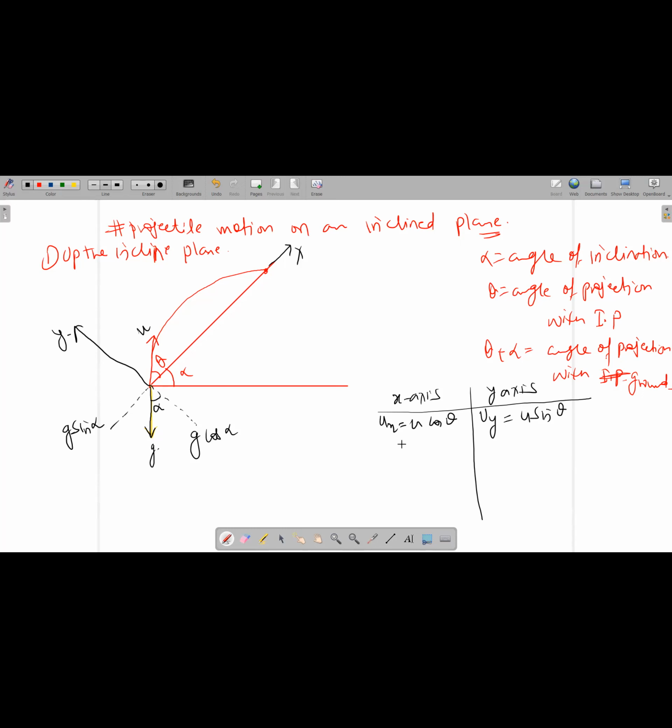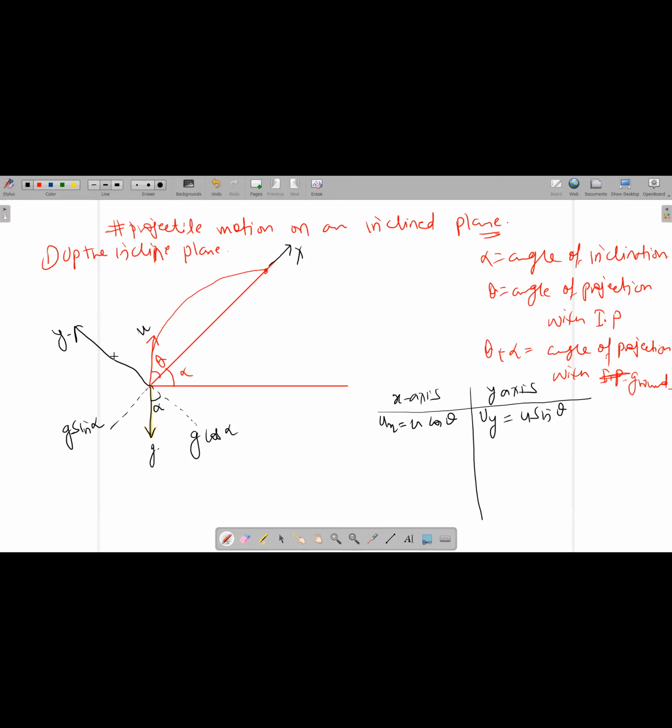Till now, from ground to ground, we had no acceleration along the x-axis. Gravity always works downward, so there was only one acceleration, along the y-axis. But in this case, we are discussing motion on an inclined plane, so we have two components of acceleration.